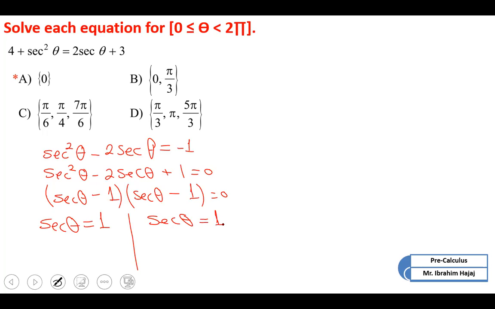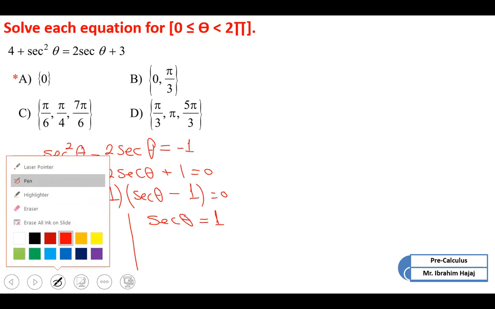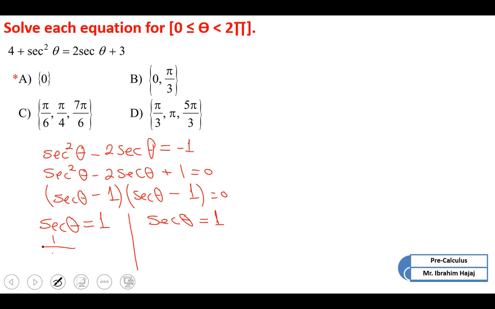Let's do this one here. To find theta, let's reciprocal it first. 1 over cosine theta is equal to 1. So cosine theta is equal to 1 also. Then theta is equal to inverse cosine of 1.